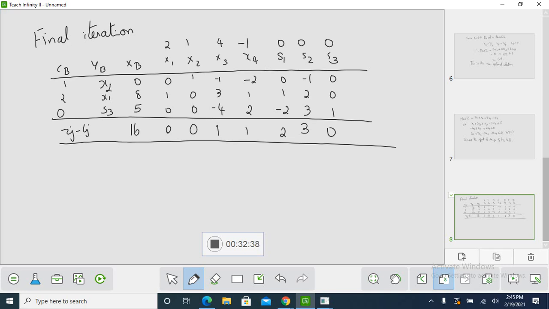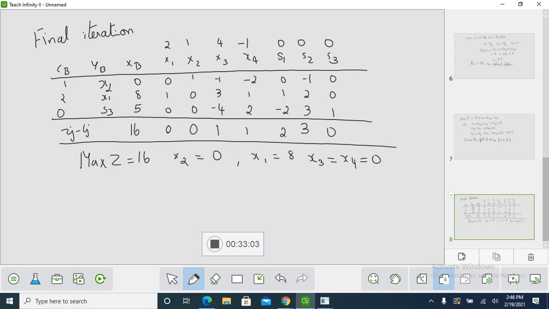Beautifully, we have maximum Z equal to 16. Then x2 value is 0, my x1 value is 8, and my x3 and x4 are also 0. They are not there in the table at all. So this is what I get.